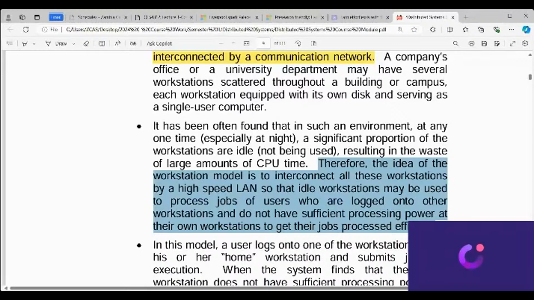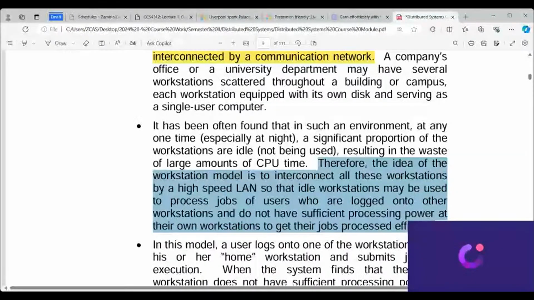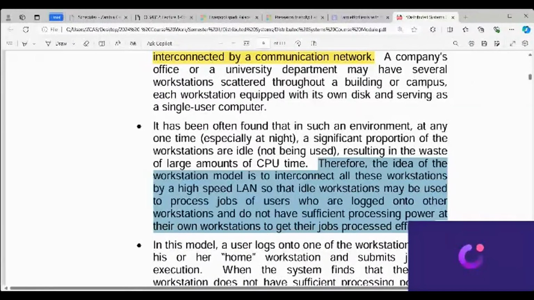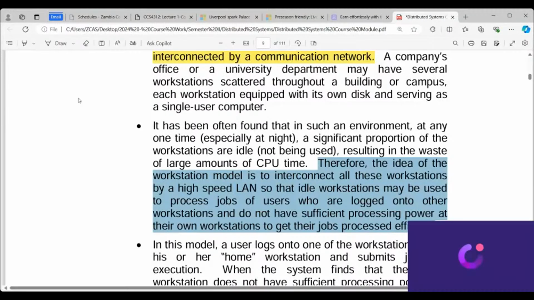So now, what we are trying to say is that if the machines are interconnected, this disparity in terms of how the computers are connected, how they are used, how the resources are utilized, particularly the CPU time, is addressed. At night, when people are not working in their offices, the computers would otherwise be dead.